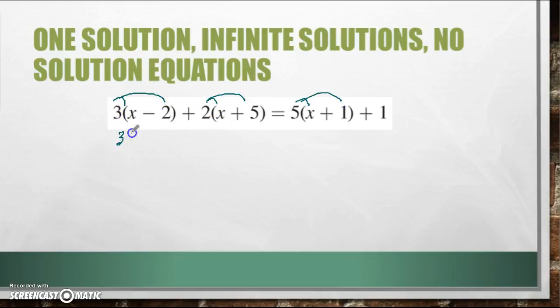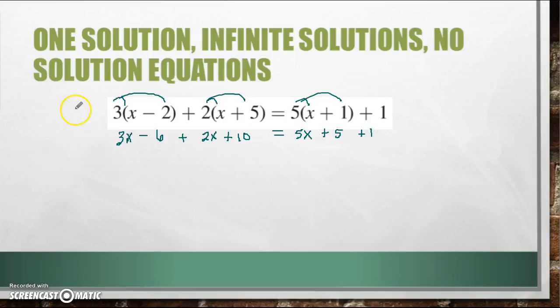So as we simplify, let's use our distributive property for each of these. So 3x minus 6, because 3 times x is 3x, 3 times a minus 2 is a minus 6, plus 2 times x, that's 2x, plus 2 times 5, that's a positive 10, equal to 5 times x is 5x, and 5 times 1, so plus 5, and then we still have that plus 1.